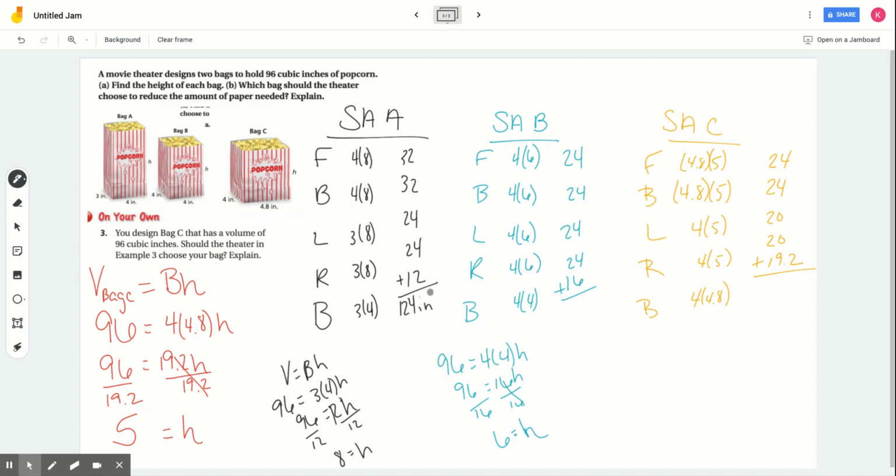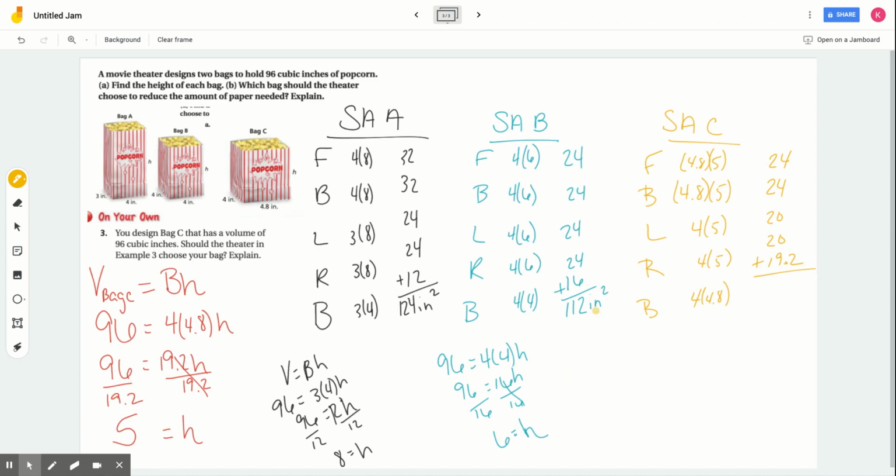124 inches squared. Now the same thing when we multiplied our dimensions for the bag B, we get 24 for 4 sides and 16 for the base. So we ended up with 112 inches squared for bag B. When we moved on to bag C, we have dimensions of 24, 24, 20, 20, and 19.2.